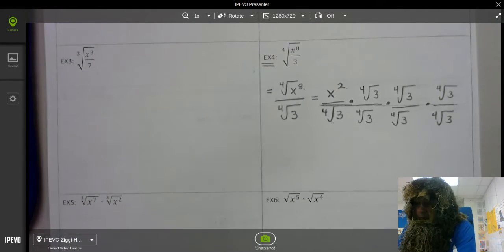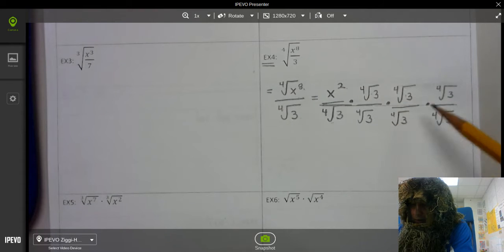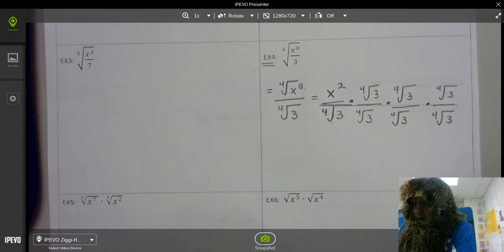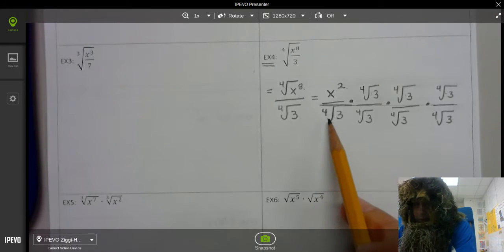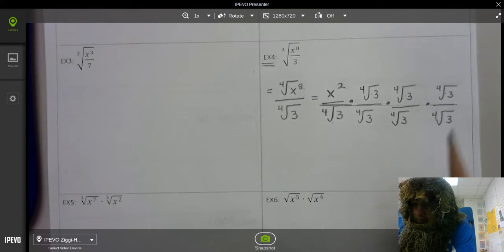All right, and the reason, first off, I want to make sure you understand that I've manipulated this problem mathematically. But first of all, anything divided by itself is 1. So I haven't changed it, but what I have done is I've manipulated the denominator to get rid of the radical, okay?